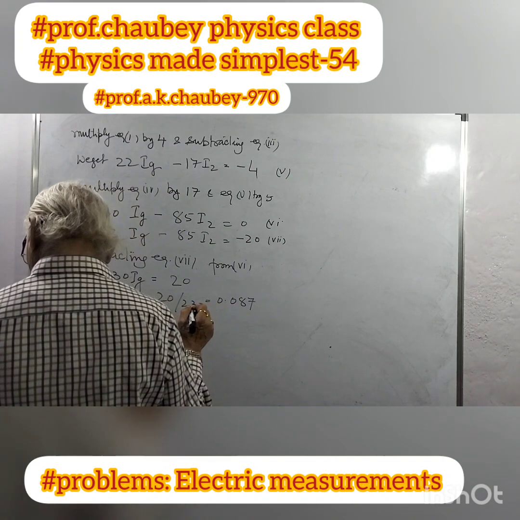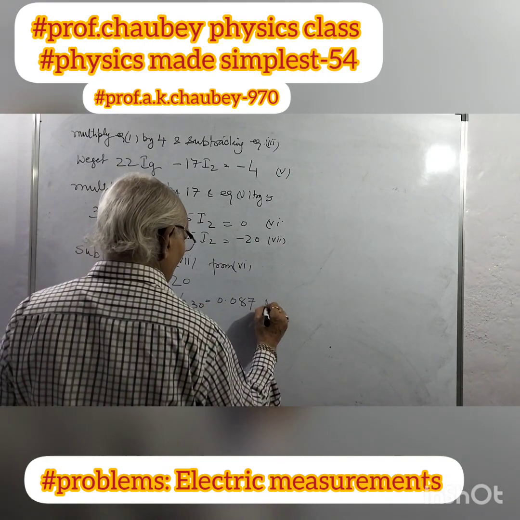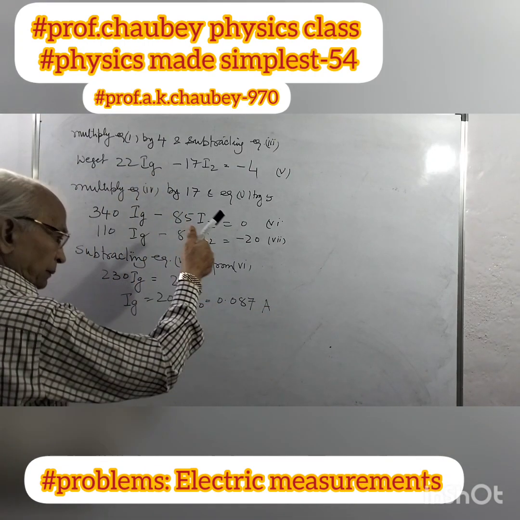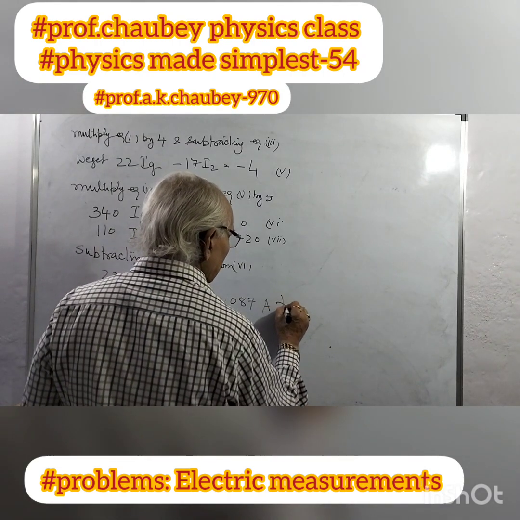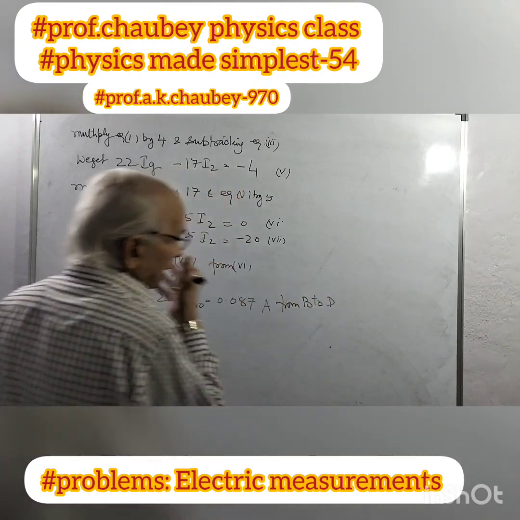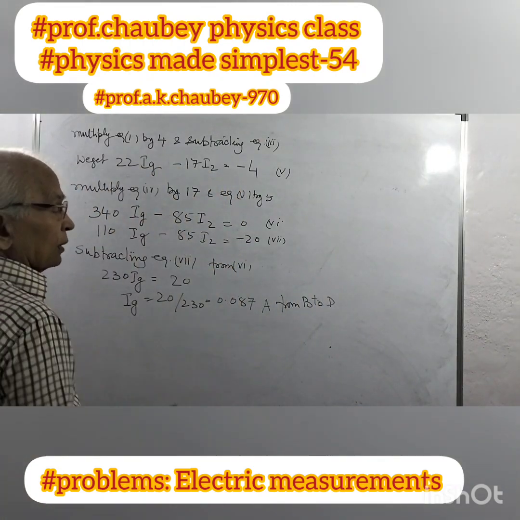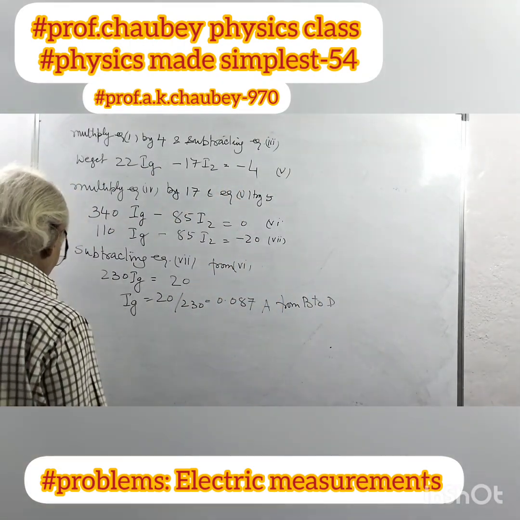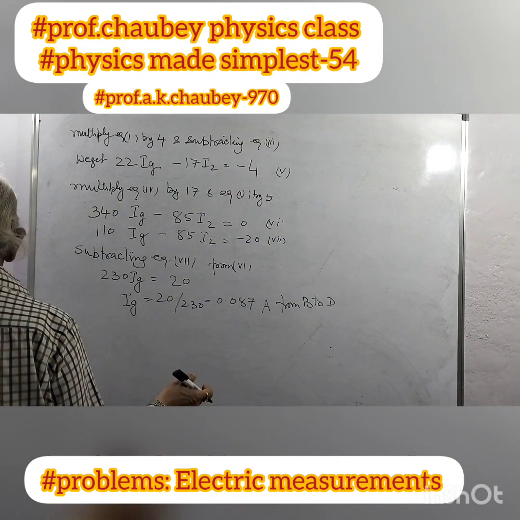0.087 ampere. And this is Ig, we have taken positive from B to D. We assumed that the current direction Ig was from B to D, that was the diagram we have taken. So we got this Ig.